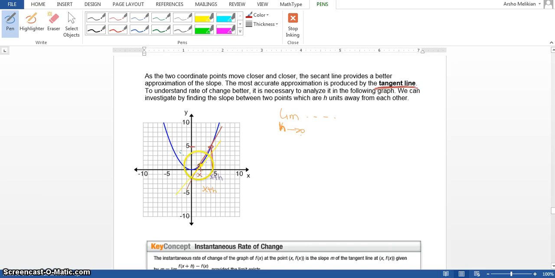Alright, so this was our f of x. Okay? And this used to be, when this was x plus h, this now is f of x plus h. Okay? So remember we had x1 and x2, and then we had f of x1 and f of x2. Now, this is x, this is x plus h.